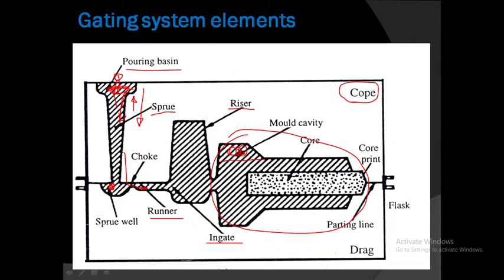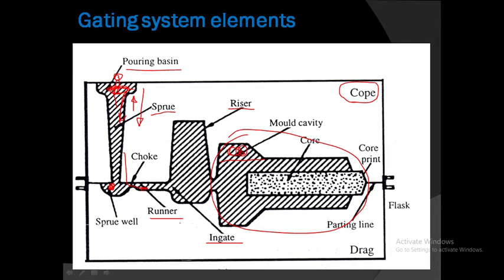The runner system should be designed to run full throughout the filling of the mold cavity. This requires proper relative dimensioning of the sprue, runner, and ingates.